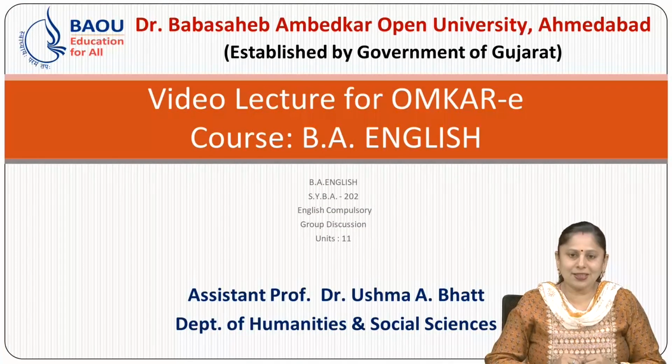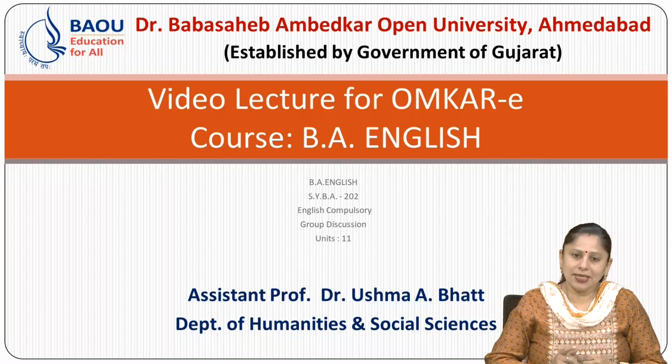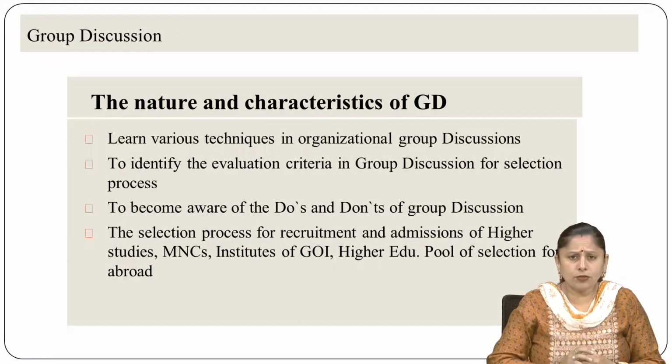Look, you can see that second year BA and the code is 202, it's compulsory English, and here we are going to discuss block number 3, in which there is unit number 11, group discussion. First of all, you should have an idea of the actual meaning of group discussion.